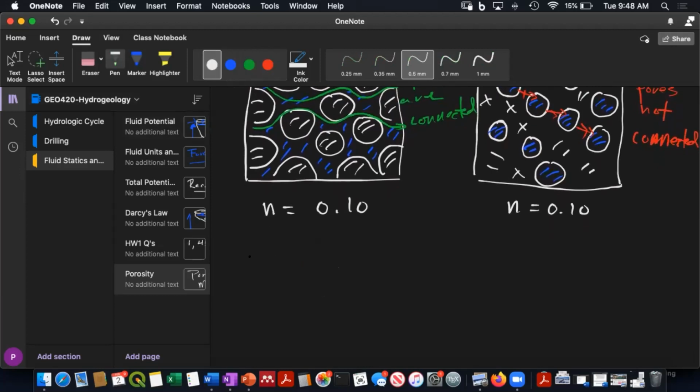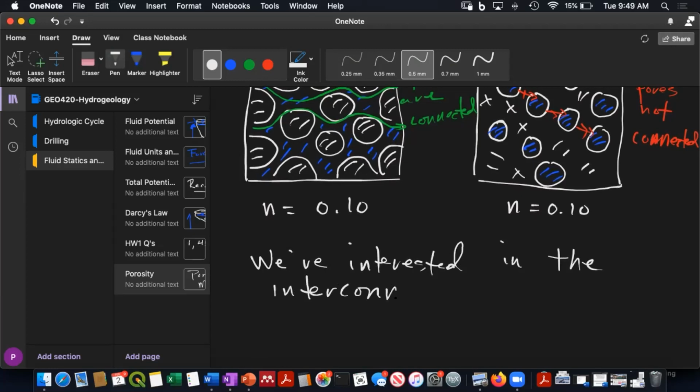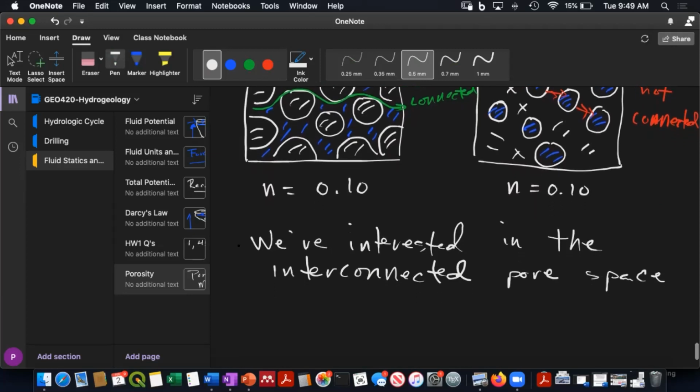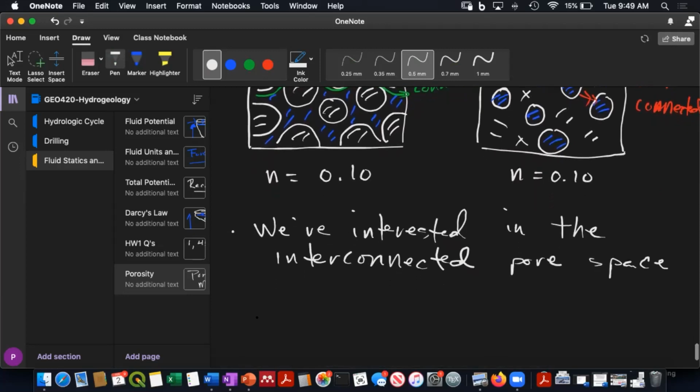So we are interested in the interconnected pore space. And so we have this idea of effective porosity.